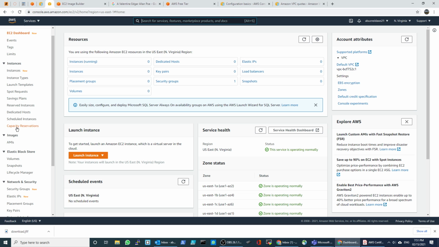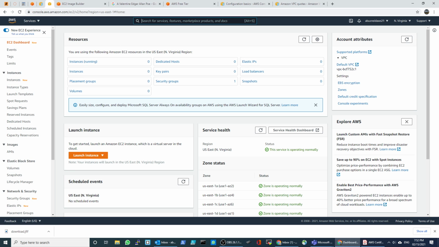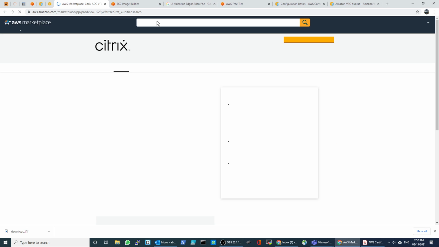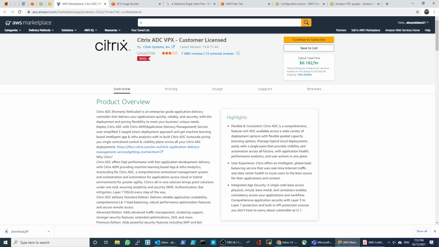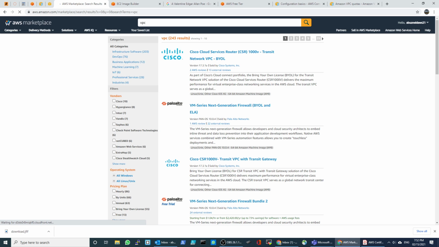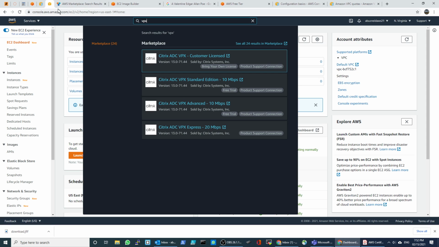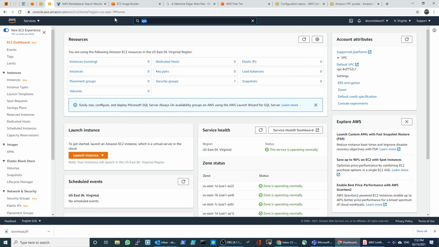Take a look in here. These are scheduled instances, dedicated hosts, reserved instances. These are different types. Remember. Let's go to the VPC then.